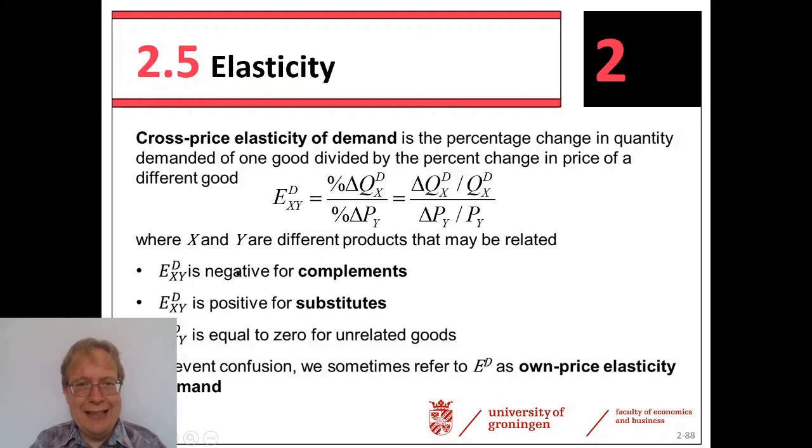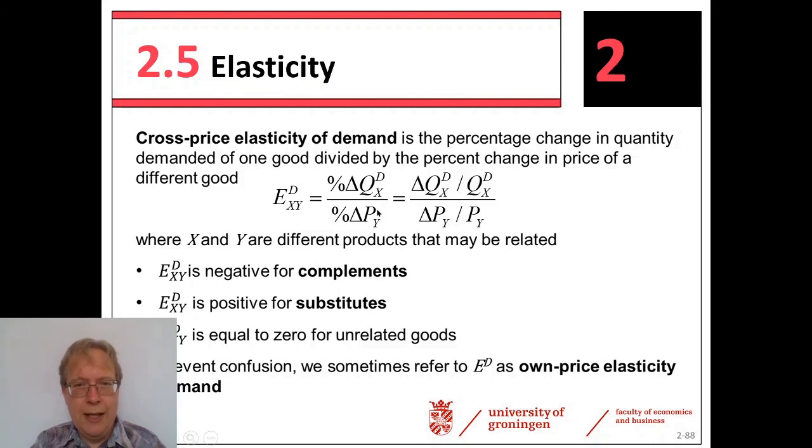So if this is negative, then what does that mean? That means that if the price of cucumbers goes up, demand for tomatoes goes down. So in other words, I like to consume them together, right?